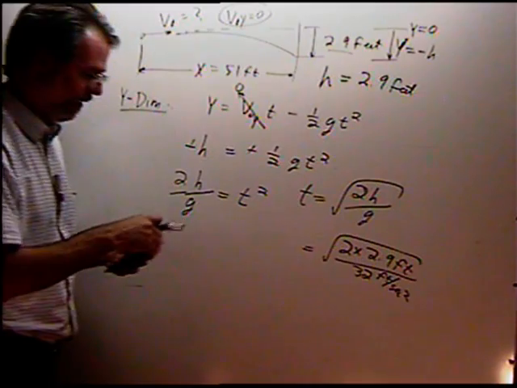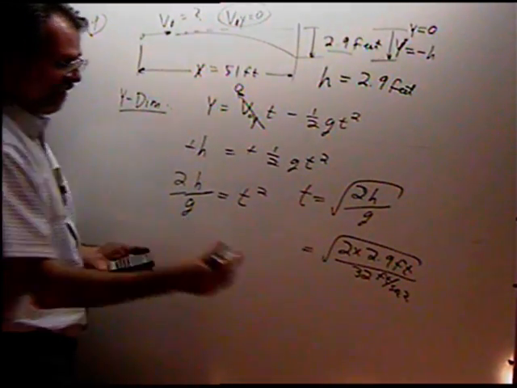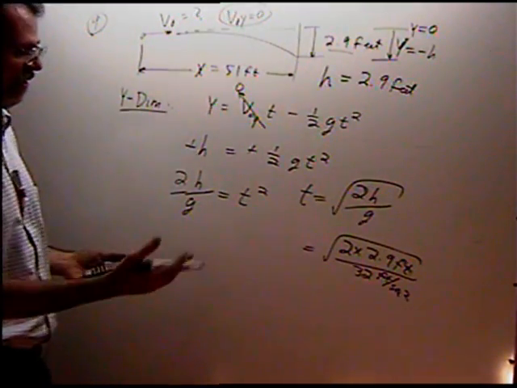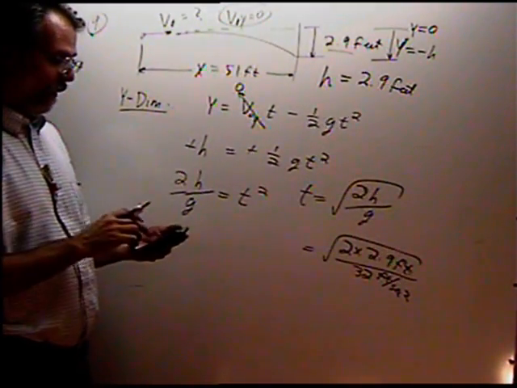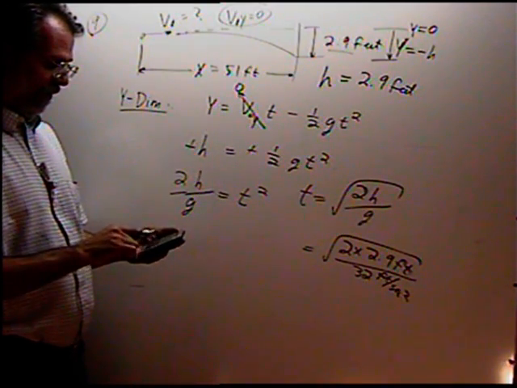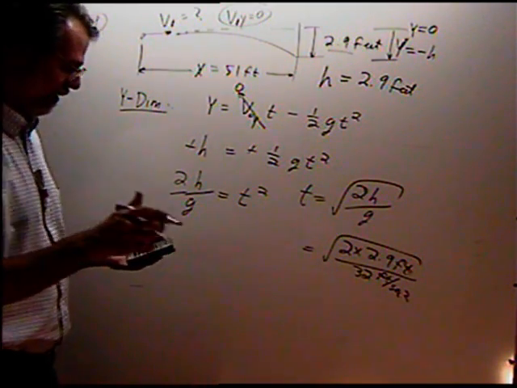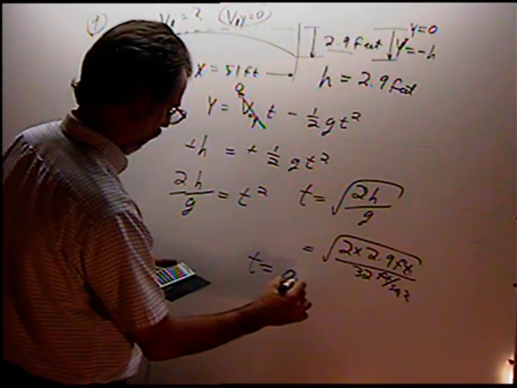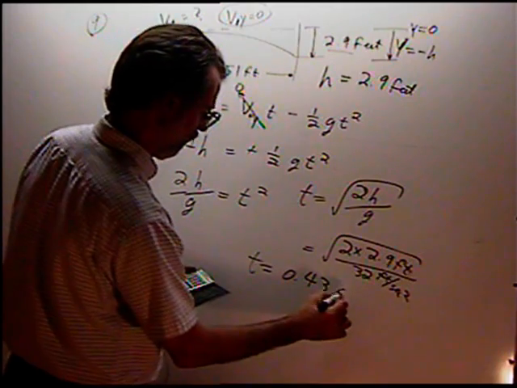Take the square root of that. Notice that the feet cancel out, and 1 over 1 over second squared is second squared. Take the square root of that, that's seconds. 2 times 2.9 divided by 32, and take the square root of that, and so I get t is 0.43 seconds.